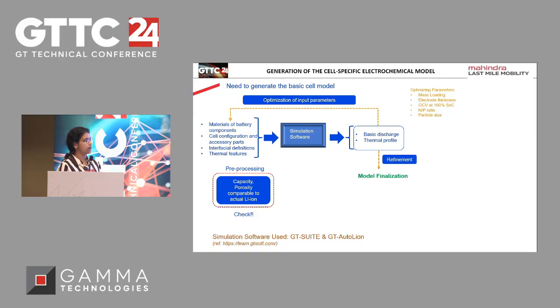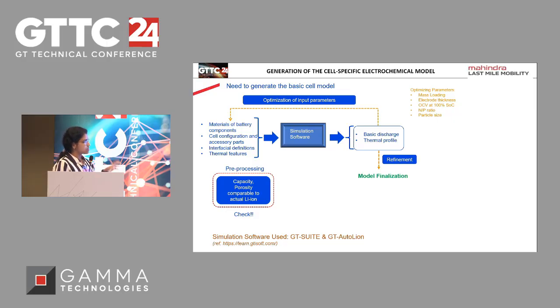In this software, before we even go into the degradation and aging, first we have to make the basic model of the cell. For this we first give the basic inputs like the material of the battery, the cell components, the different geometrical parameters related to the cell, and some thermal features and interfacial definitions like the diffusion constants, to generate a basic model.